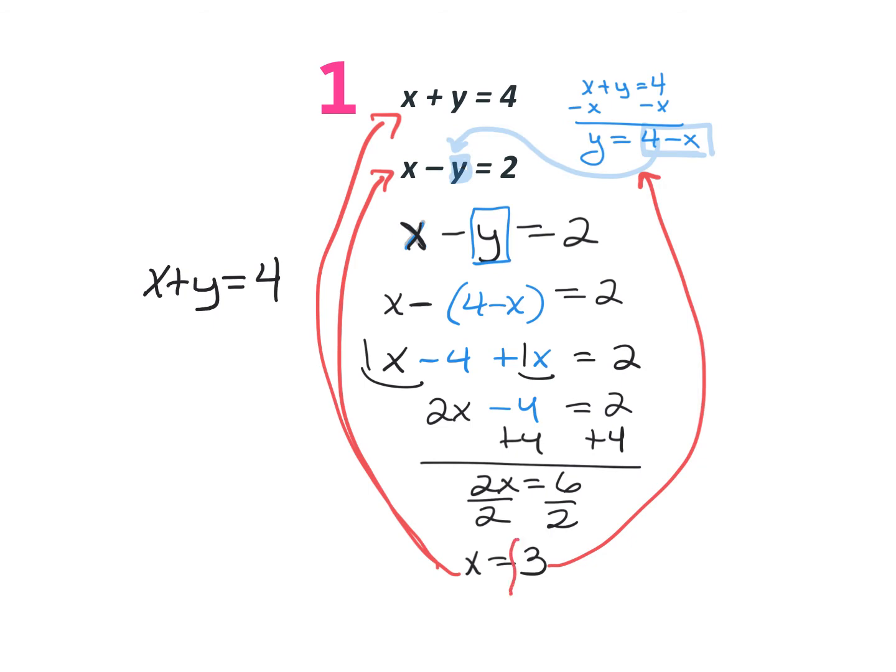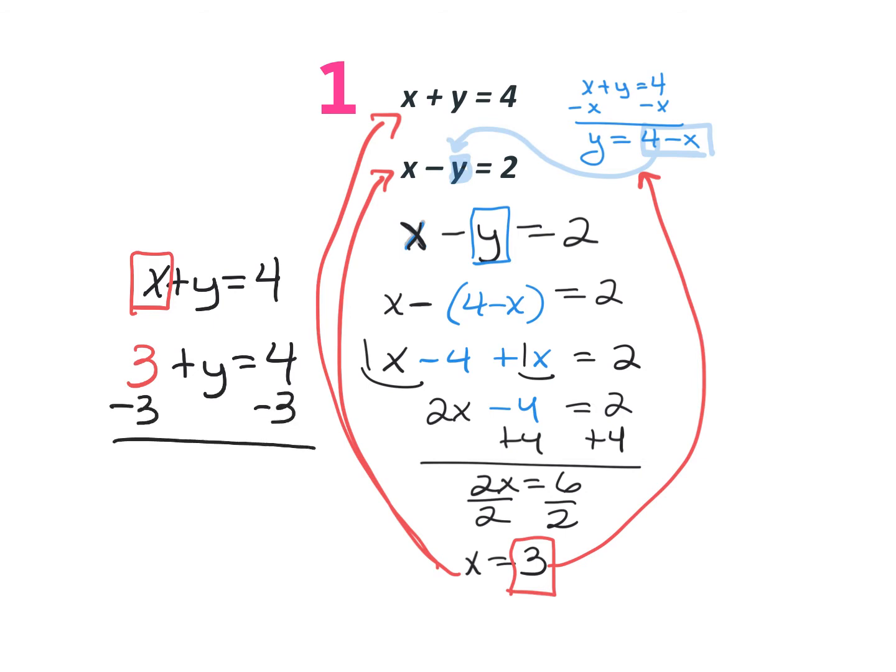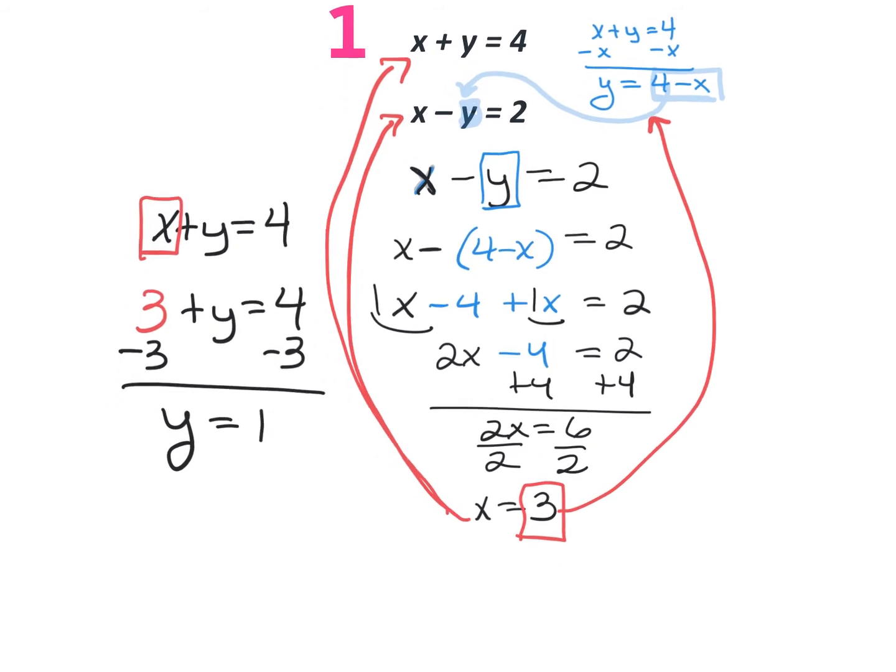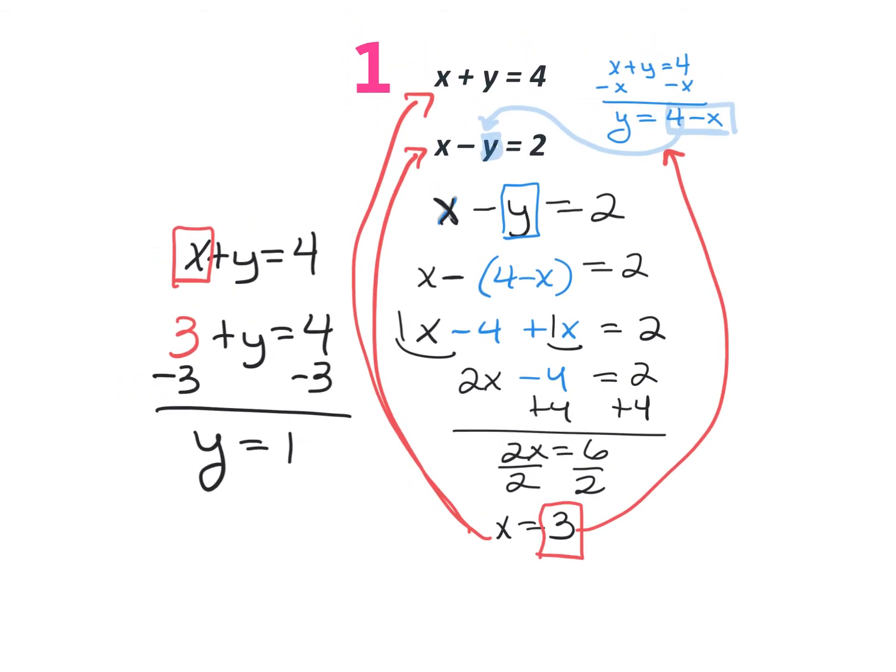I'm now going to take out x and put in what I just found x equals. So 3 plus y equals 4. And now I solve for y by subtracting 3, and y equals 1. So the solution to this system is going to be the ordered pair 3, 1.